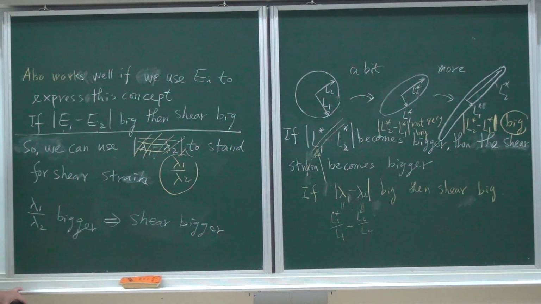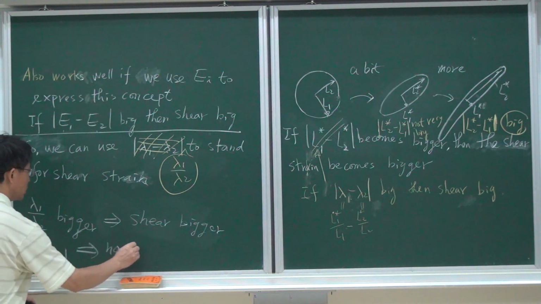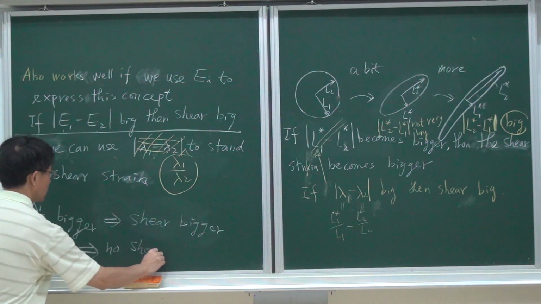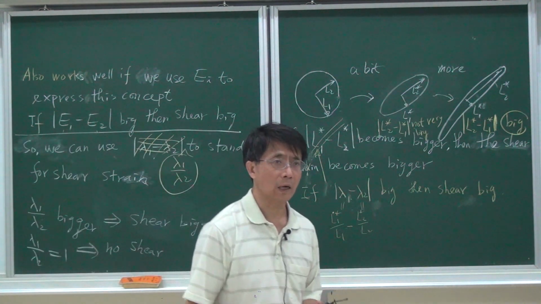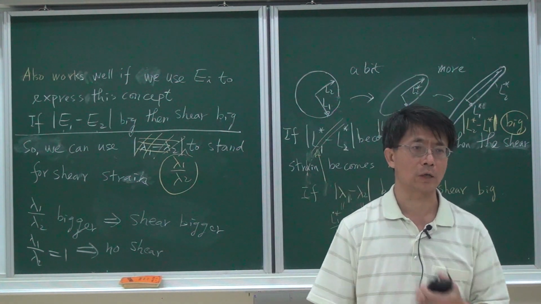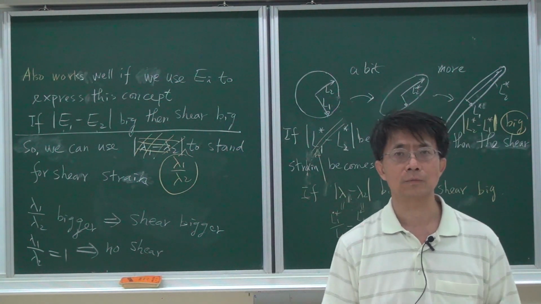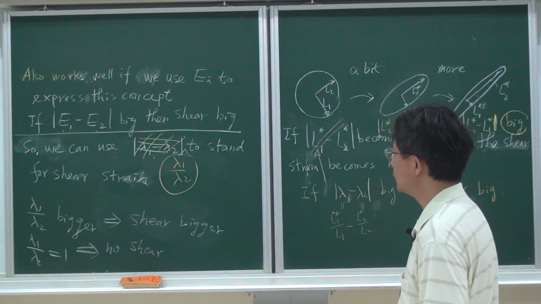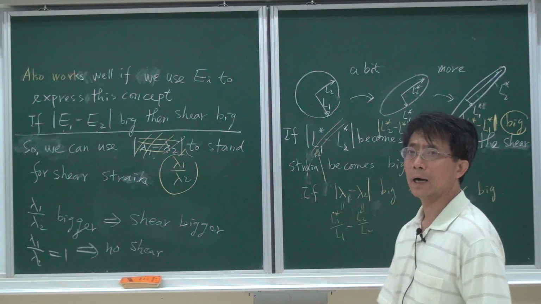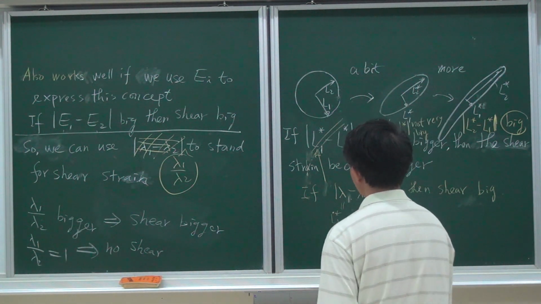So this one is also an appropriate term for the shear strength. When lambda 1, lambda 2 equal to 1, then low shear. Okay, then there's no shear. So we can use the ratio of the principal stretches to represent the shear strength for large deformations.